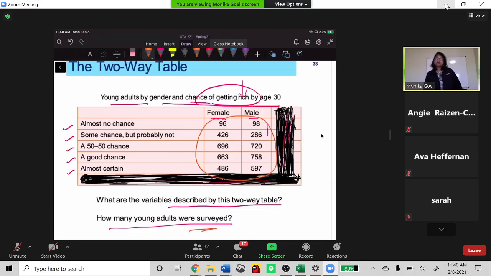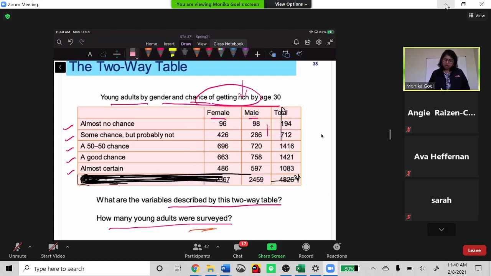Now when you're working with a two-way table, the next step is to look for the conditional distribution. The very first step is to create an extra row and extra column. Sometimes this is given to you, sometimes it's not, and sometimes you have to create it.